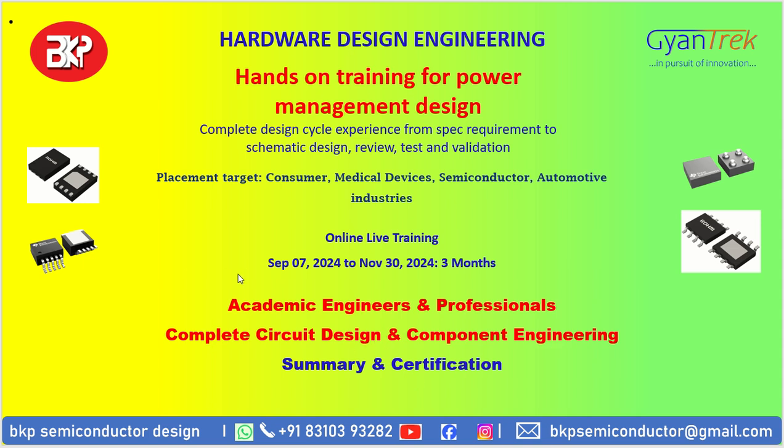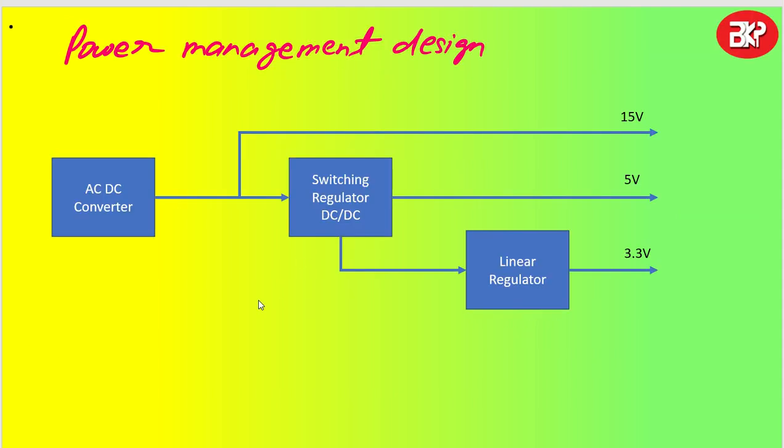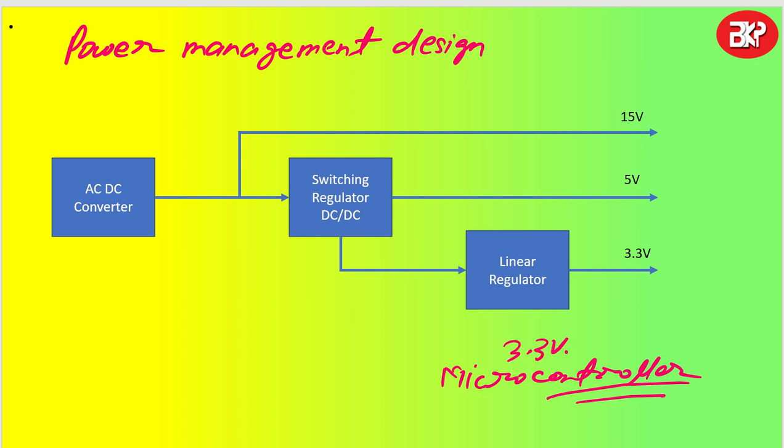I'll just give you a brief idea about it. Let me give you a scenario. Basically, any design you see, let us say you have a microcontroller board, you may need a 3.3 volt power supply, right? That is your VDD. So directly you cannot get 3.3 volts, and for that reason we have to have one AC-DC converter. So first of all we will be designing some AC-DC converters, okay?